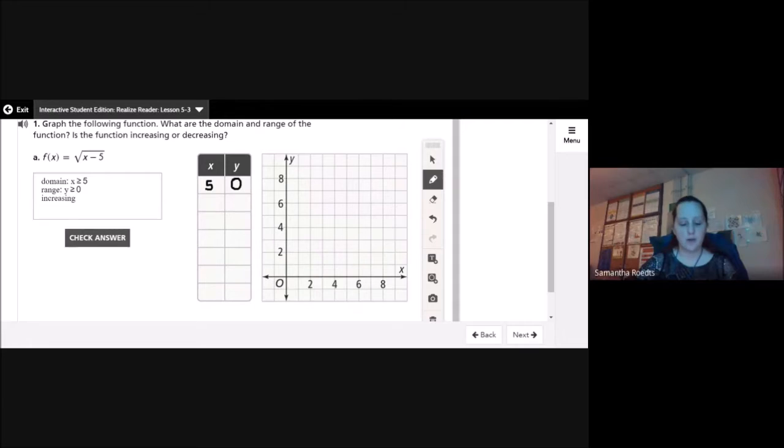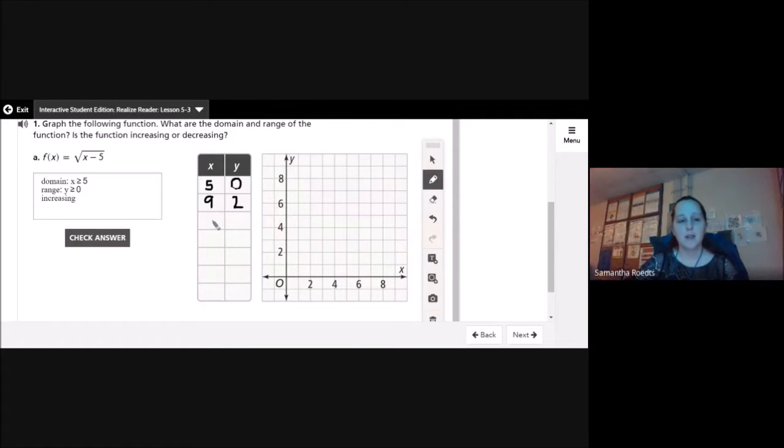Let's see, the next perfect square would be 9. 9 would work. So 9 minus 5 is 4. Square root of 4 is 2.